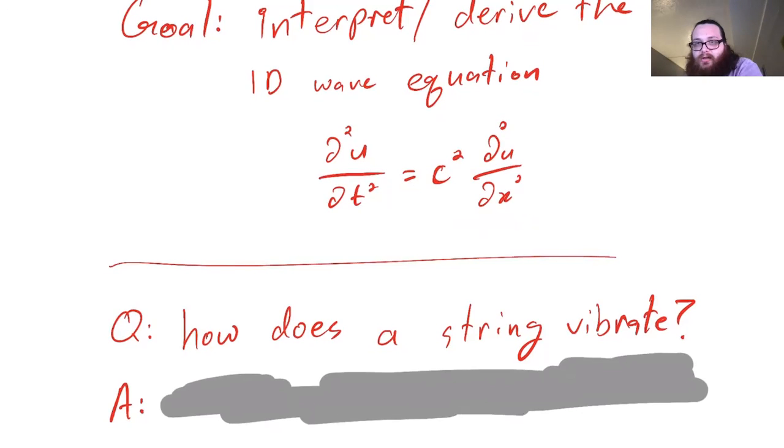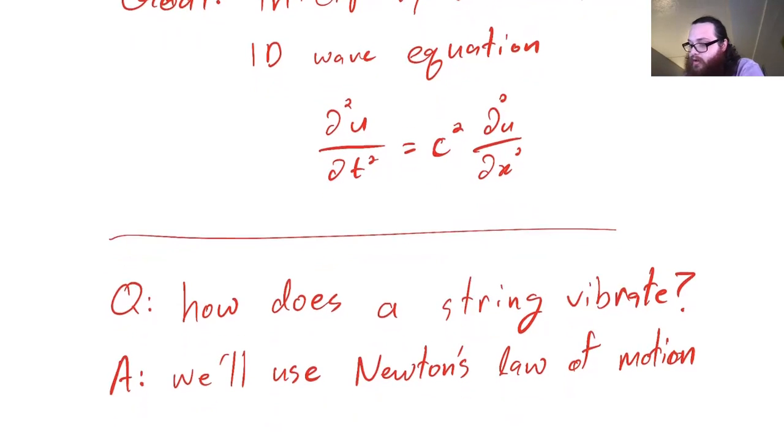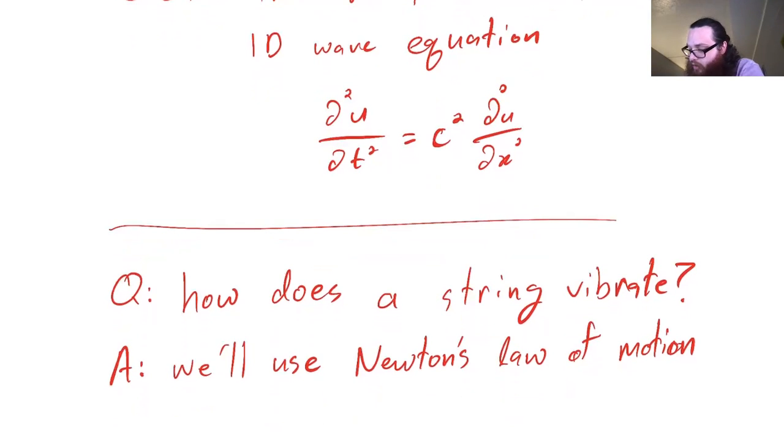In the end, the main tool that we'll be using is Newton's law of motion, which takes the form F equals ma. How does a body move in time?